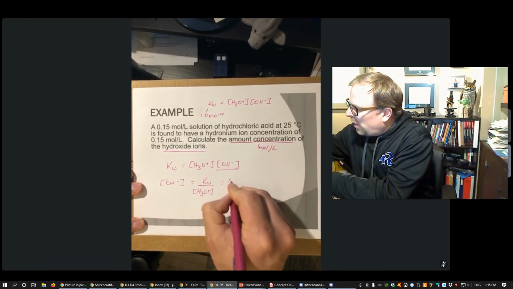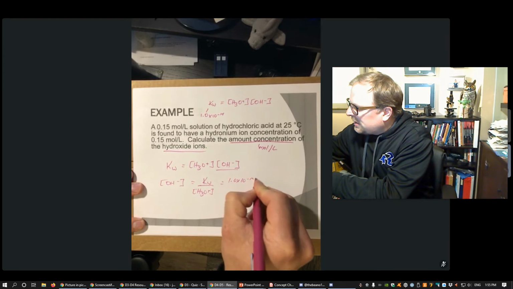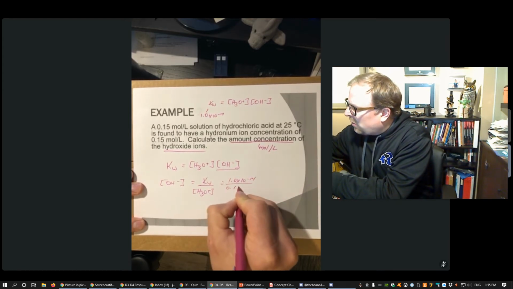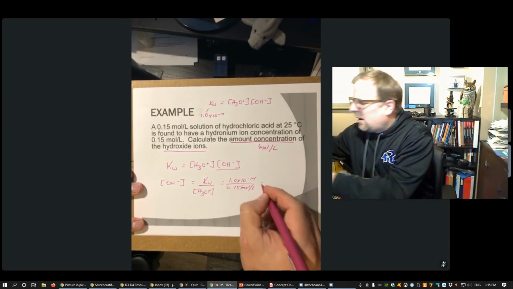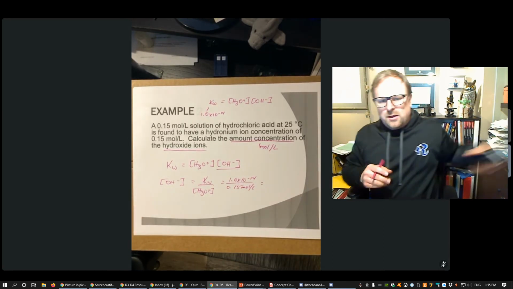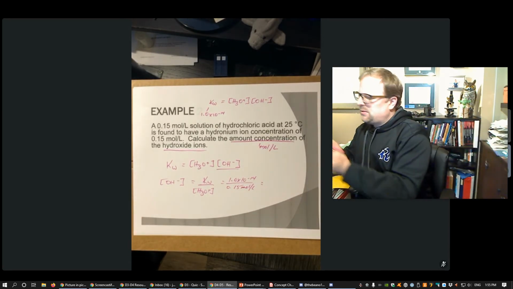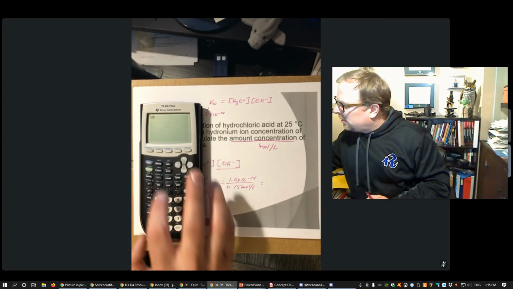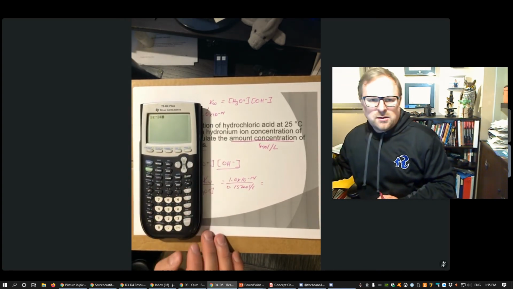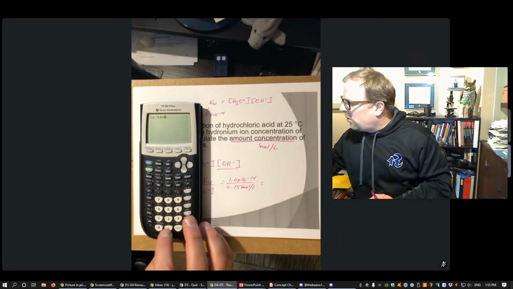So it's going to be 1 times 10 to the minus 14 over 0.15 moles per liter. Okay, and then you'll just grab your calculators out and calculate away. So it'll be 1 times 10 to the minus 14, divided by 0.15.